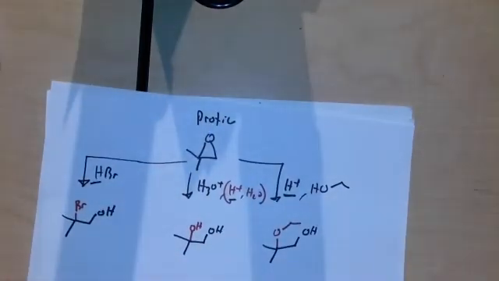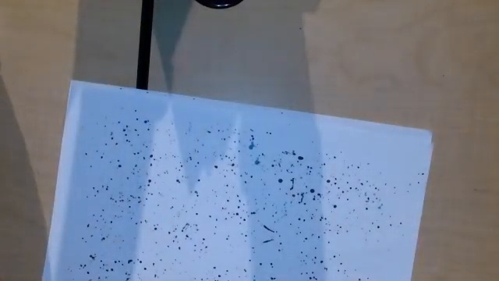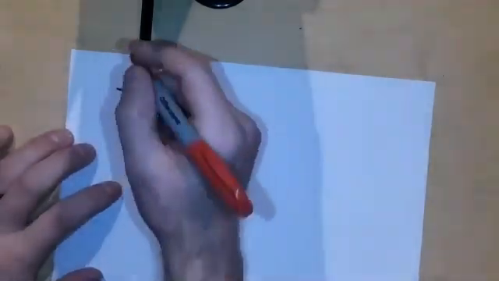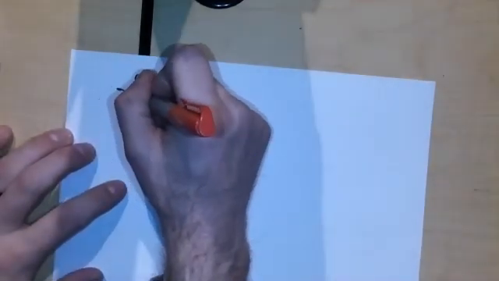And we can generally follow this rule, except for one exception, which I'm going to talk about, and then we are going to call it for the day. So the one exception to this: we have our epoxide. We have a tertiary center and a primary center.